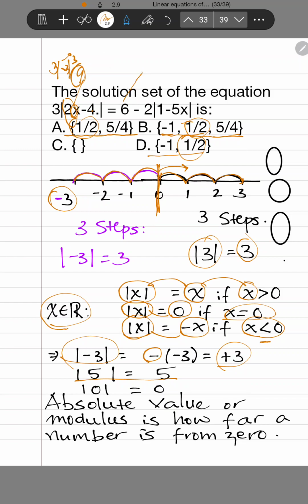What about the right side? On the right side, 6 minus 2 times an absolute value of whatever. Why I'm saying whatever is because any absolute value will give me a positive number here. Positive times -2 is negative.